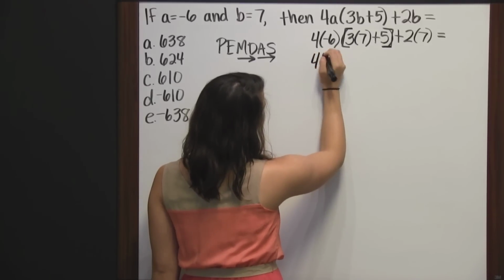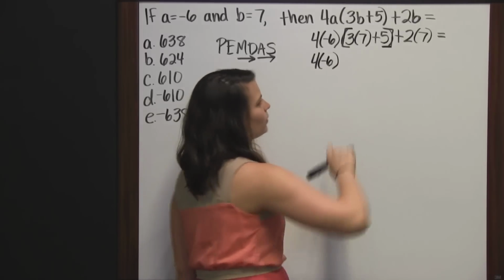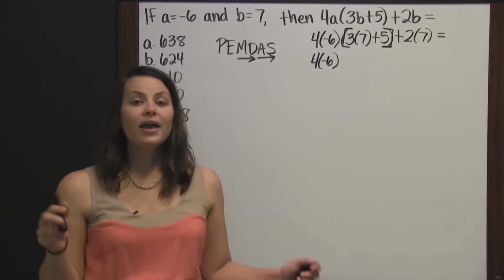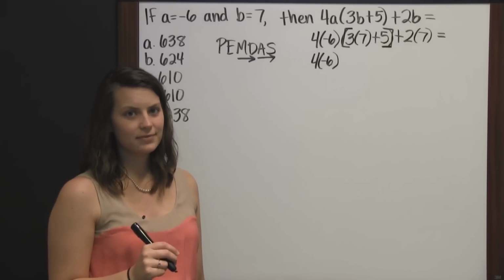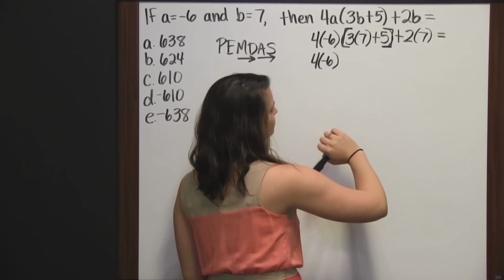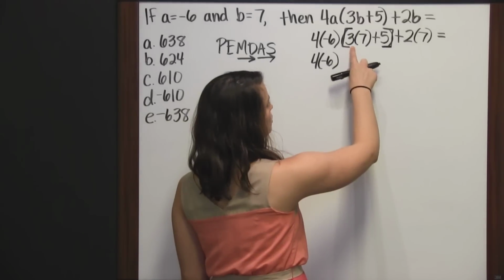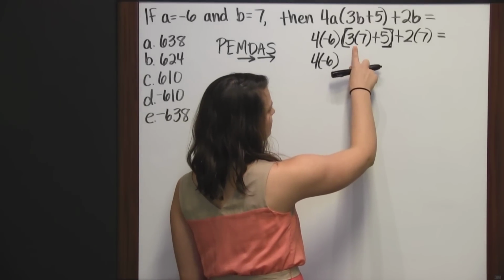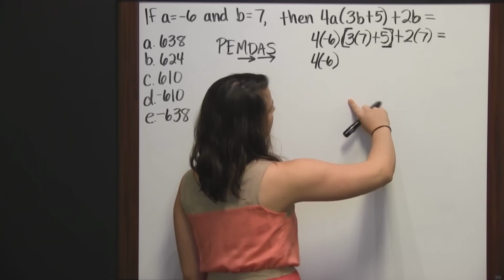So I'll bring down my 4 times -6, and then inside my grouping symbols, I also have to follow the order of operations. So now looking inside these grouping symbols, I have 2 different operations. I have multiplication, 3 times 7, and addition, plus 5.